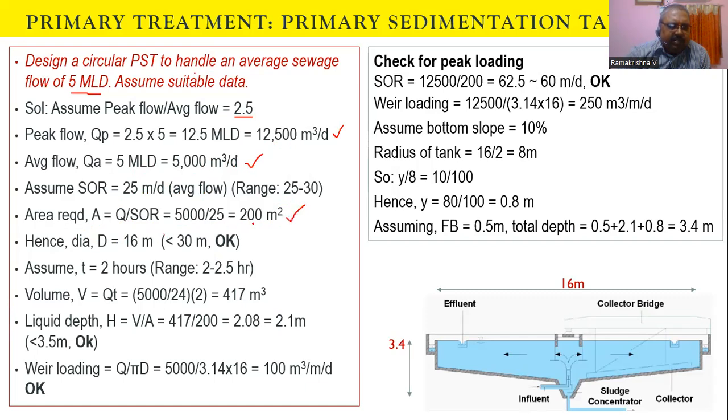Using this area, we calculate the diameter of the circular tank, which comes out to be 16 meters, which is less than the 30 meters normally adopted.